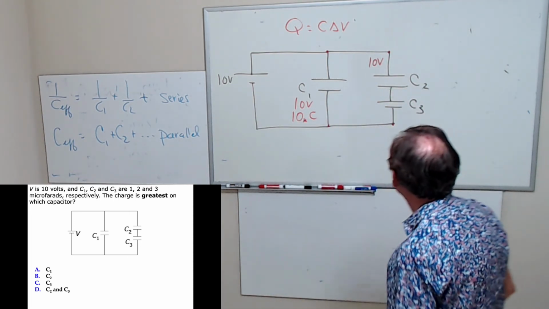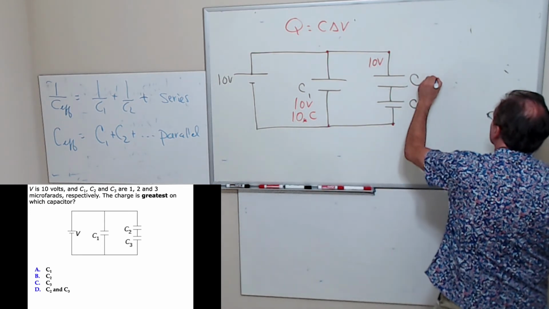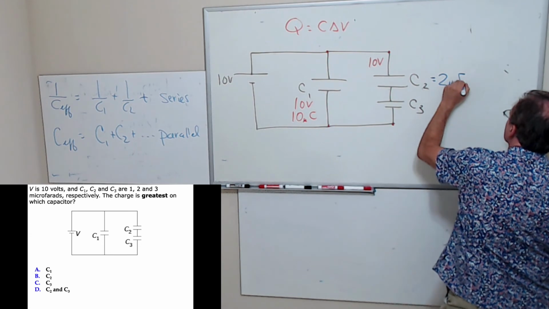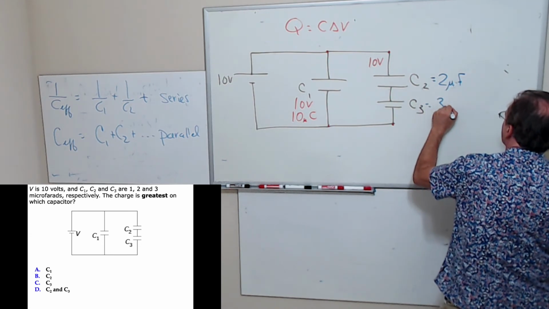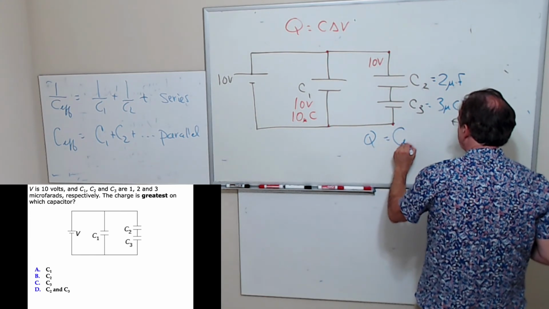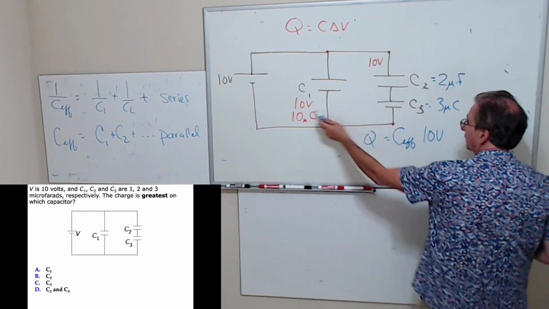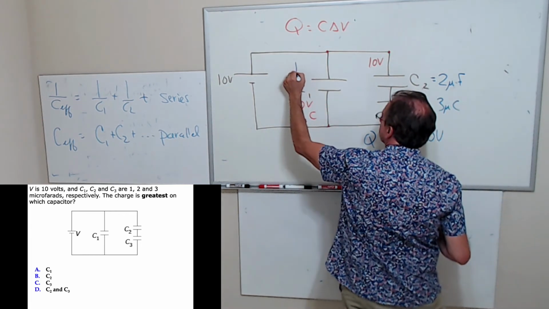Okay. Right. This is 2 microfarads, 3 microfarads. So the Q for these 2 is going to be C effective times 10 volts. Is this C effective bigger than 1 microfarad?